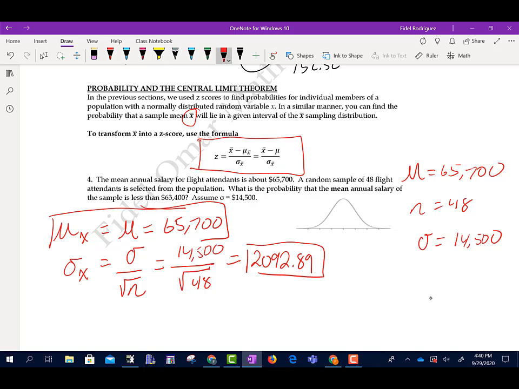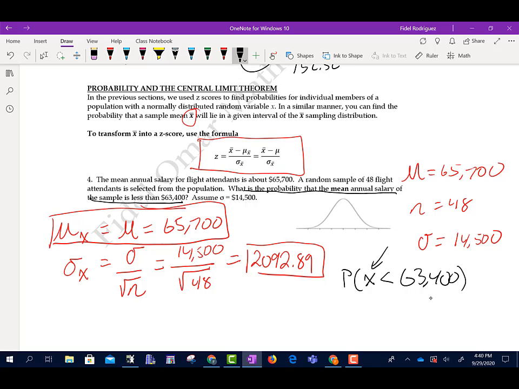So we found these numbers. The question is asking what's the probability that the mean annual salary of the sample is less than 63,400. So I'm asking, what's the probability that my x is going to be less than 63,400? We're going to convert this x value to a z value using this formula.